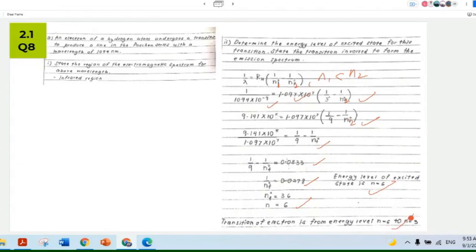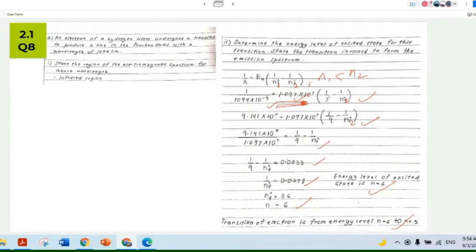Nak beritahu kawan tak semasa kira ini kena berhati-hati apa? Semasa buat kiraan ini. Beritahu kawan apa yang kena berhati-hati ataupun precaution step. Kena tahu dia punya initial energy level. Lagi? Lepas tu RH tu kena ingat yang formula dia 1.097 darab 10 kuasa 7.